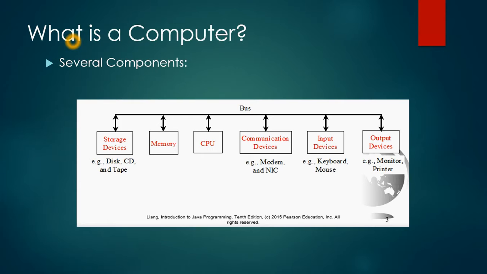Every computer has a storage device, and storage devices are used to move your permanent storage to memory when it needs to be used. Now, memory is also called RAM, random access memory, and this is used to store information or instructions that your computer needs to execute.